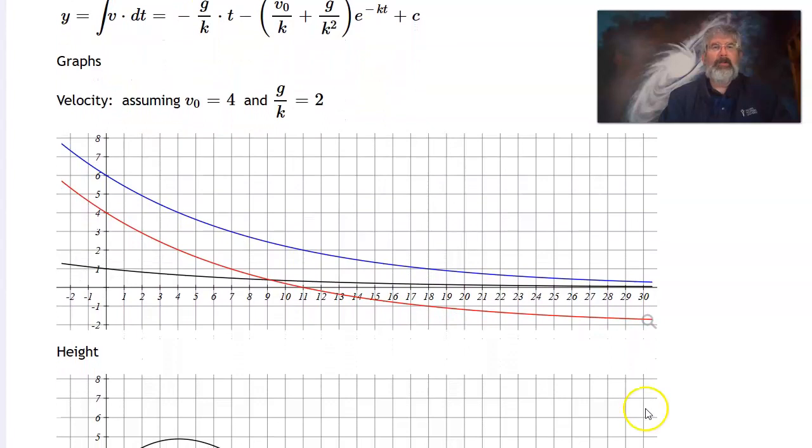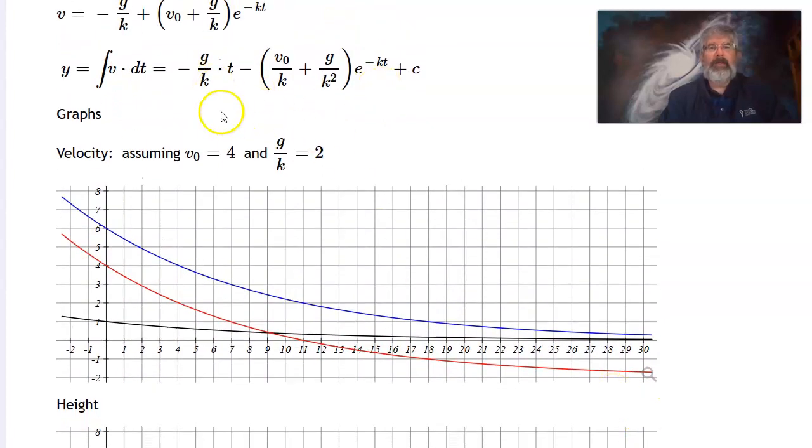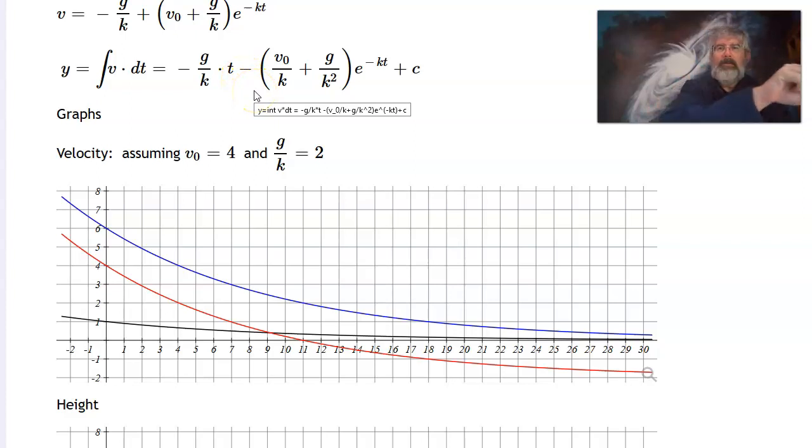Now the height function. When I look at the height function, there's a linear piece, a downward sloping linear piece, and an exponential piece. It's a decaying exponential, but it's upside down. That is this negative sign here. So there's an upside down decaying exponential and a downward sloping linear function.